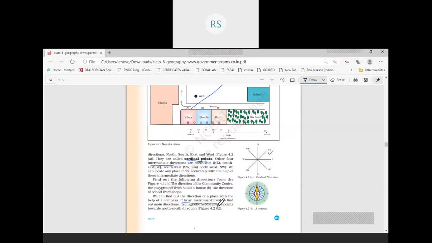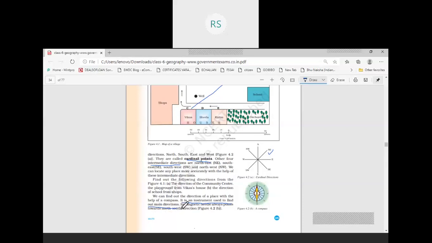Main directions means north, south, east, and west. Okay, and also northwest, southwest, southeast, and northeast. All these directions can be known with the help of a compass.